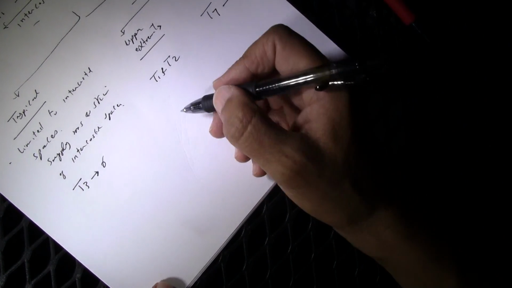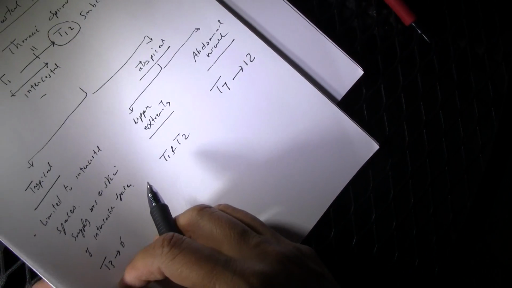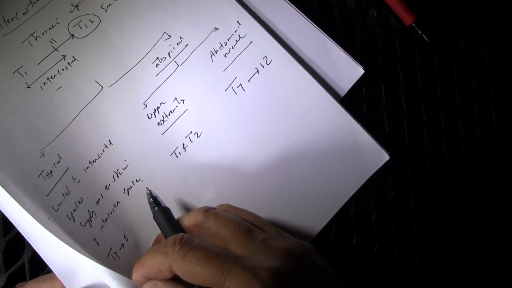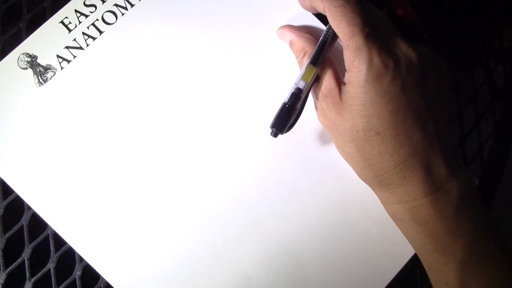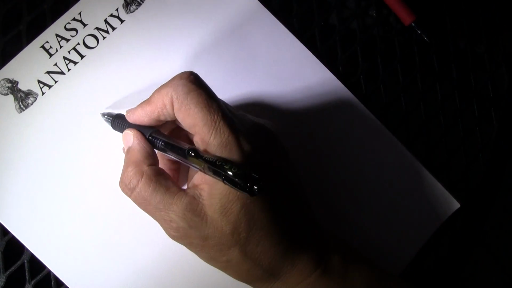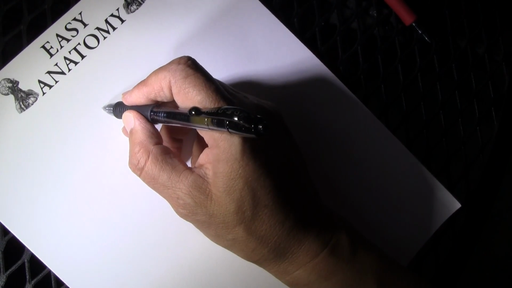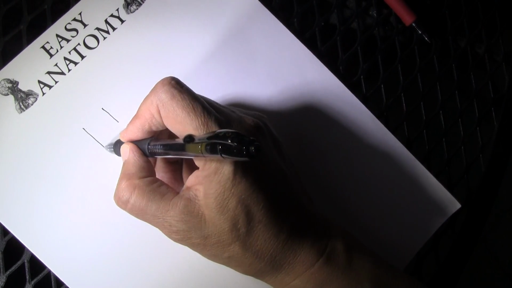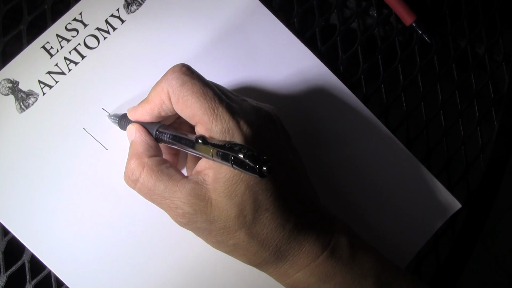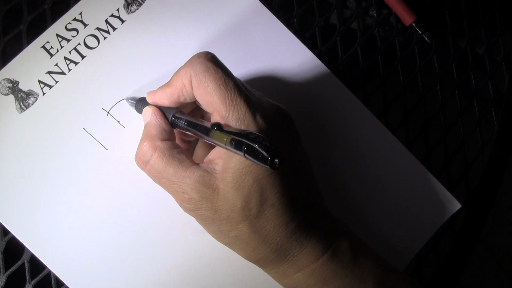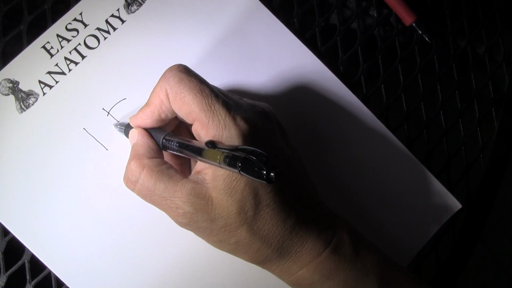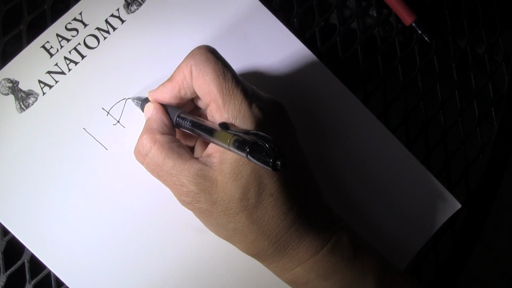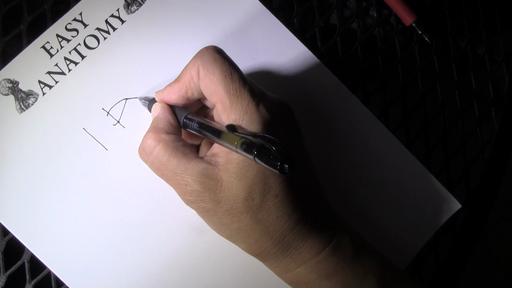They start from the spinal cord, exactly from the thoracic segment of the spinal cord. So here is the spinal cord, and the dorsal root and ventral root join each other and form the trunk, correct?